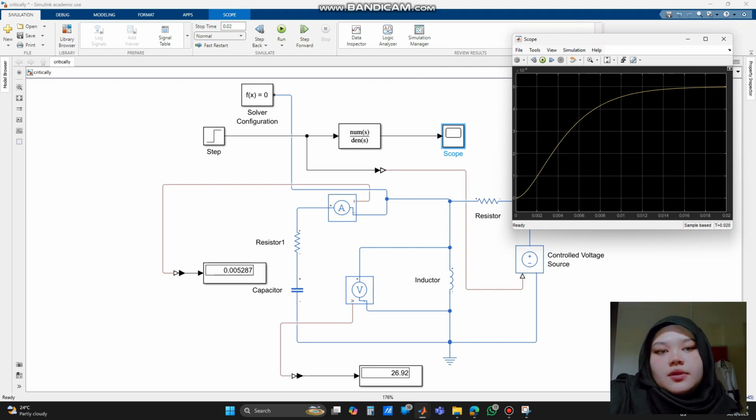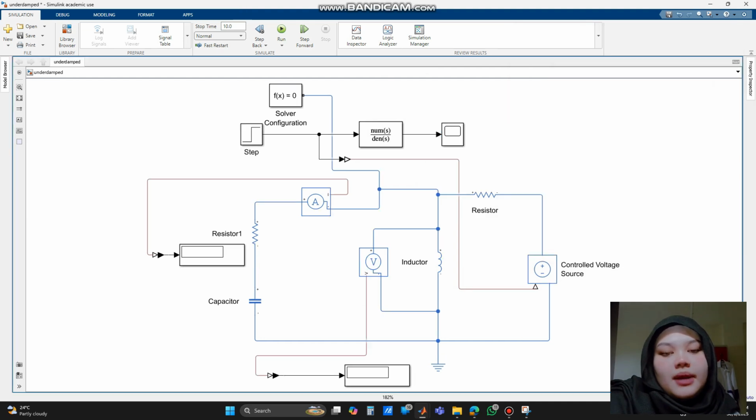I also added a current sensor at the beginning of the circuit to measure current iT and a voltage sensor across the inductor to measure vLT. The stop time was set to 0.05 seconds here. Because the critically damped system stabilizes quickly, this setup allows me to observe the behavior of the circuit in a short time interval after the input is applied.